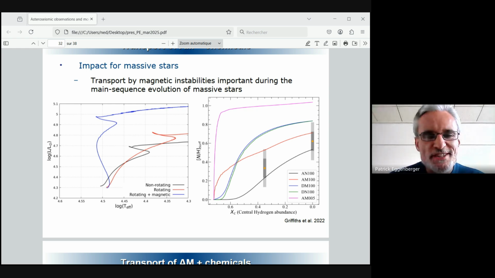Of course, it depends on the topic you want to address. One very interesting consequence is for the chemical evolution of the universe. For instance, if you have some mixing, whatever the source of mixing, you can have the production of primary nitrogen.